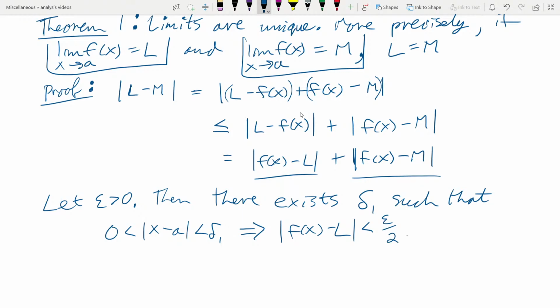Because remember, I could have just said from the outset, let epsilon over 2 be the small number, the error for f of x. But you'll see why I'm picking it to be that in a moment. And there exists delta 2.